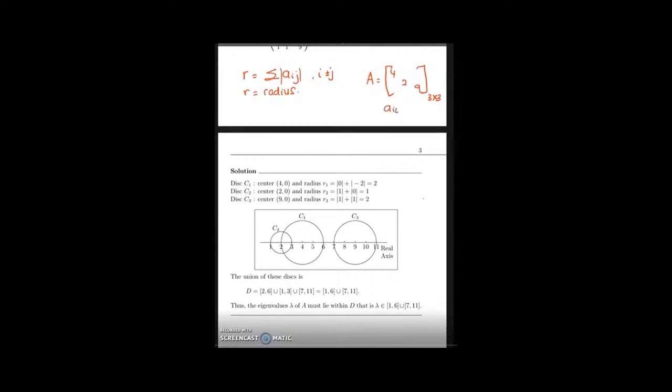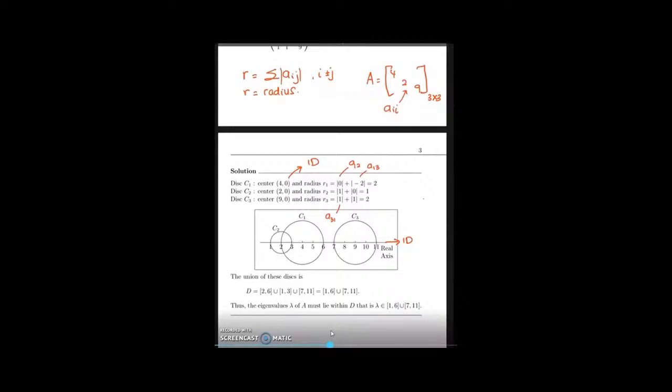The boundary of circle 1 is 2 and 6. The boundary of circle 2 is 2 and 4, because the radius is 1. For circle 3, the radius is 2 and the center is 9, so the boundary is between 7 and 11. The area to find the eigenvalue is C1 union C2 union C3.